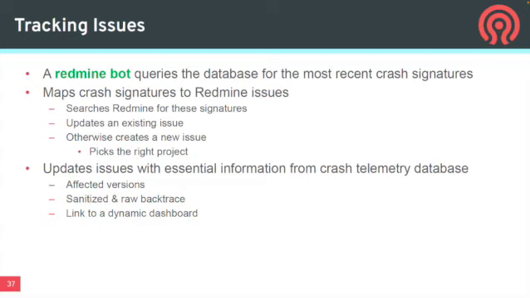It will then populate the tracker with all sorts of relevant information, like all of the different versions that were reported for that issue. We will have a sanitized version for the backtrace that was coming from these crashes, and one example of a raw backtrace, and it will have a link to the dashboard so we can take a deeper look.